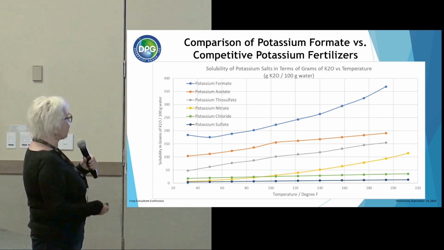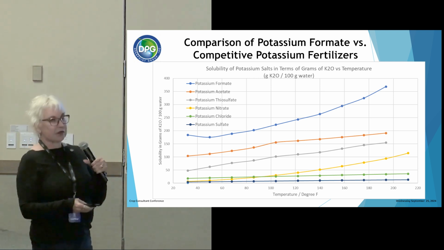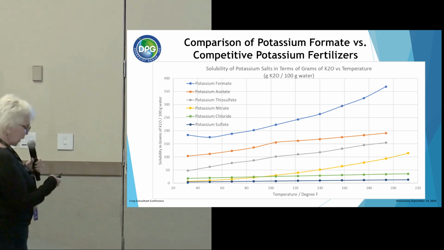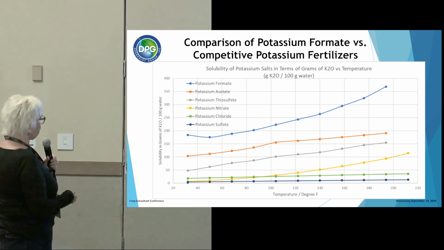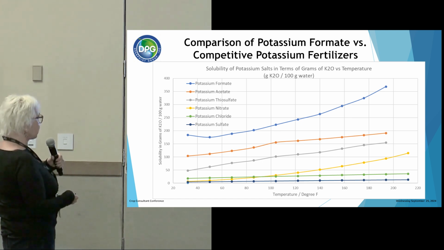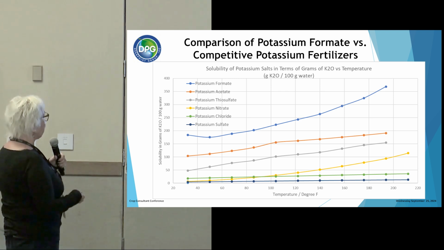Here's another way of looking at it. I tend to be a graph person versus a table person, but here we have, I'll just pick kind of the middle of this zone. So potassium formate has significantly more solubility than potassium acetate. Whether that matters or not in a particular situation can be discussed.